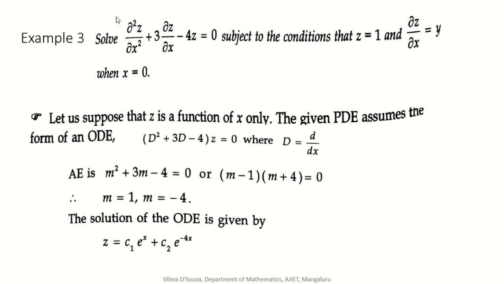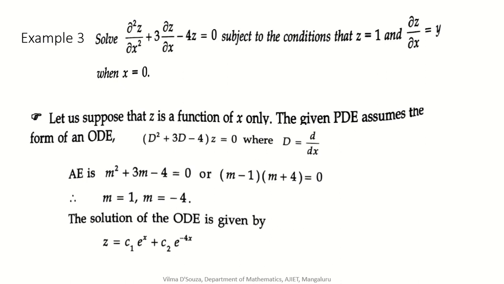So instead of ∂, it becomes d. Instead of partial derivative, it becomes an ordinary derivative. In symbolic form, I have written (D² + 3D - 4)z = 0, where capital D stands for d/dx. Now you have an ordinary differential equation.